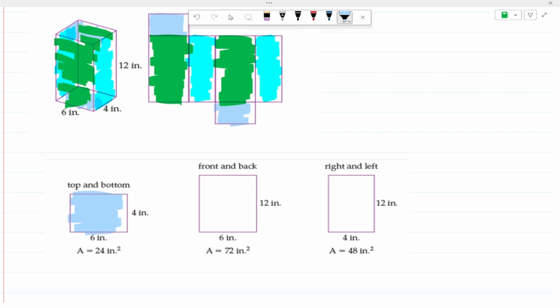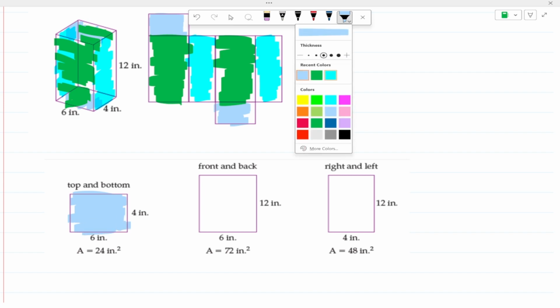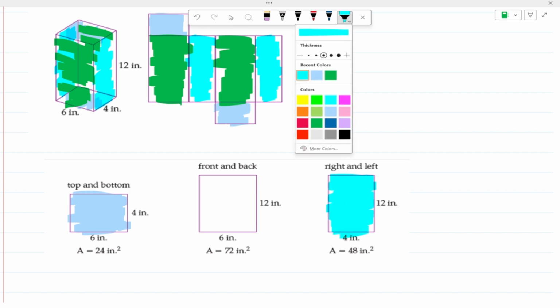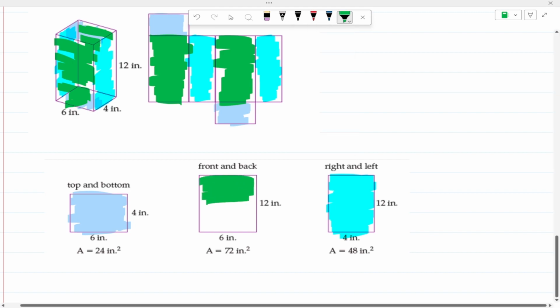So that's right here. Then we have the sides. So I think I made the sides this color. So here are our sides. And then finally, the front and back. And that's this color right here.